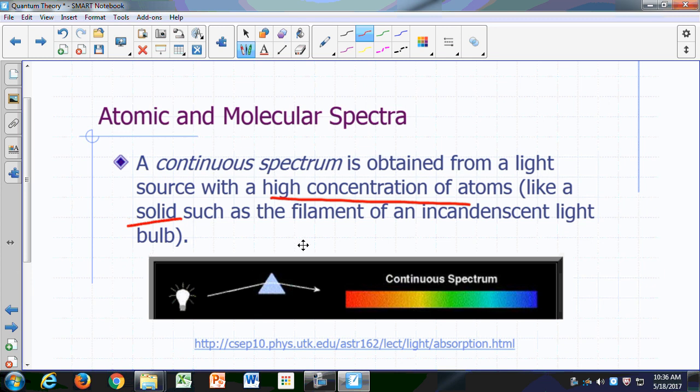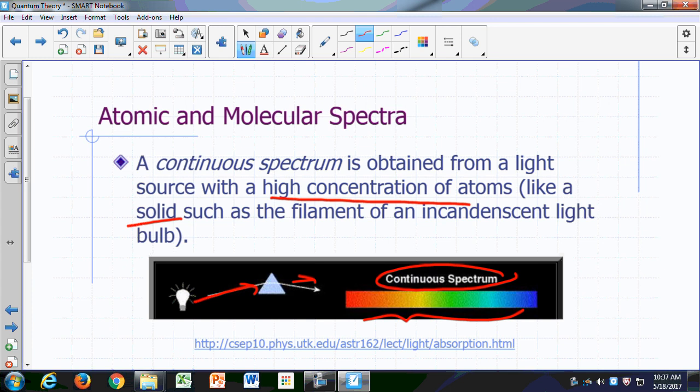An example of that would be the filament of a light bulb. You run electricity through it, it produces light. And if you were to split that light into its component colors, what you typically see if there's a high concentration of atoms in the light source is what's known as a continuous spectrum. Continuous in the sense that you have a continuous band of colors, just like a rainbow.